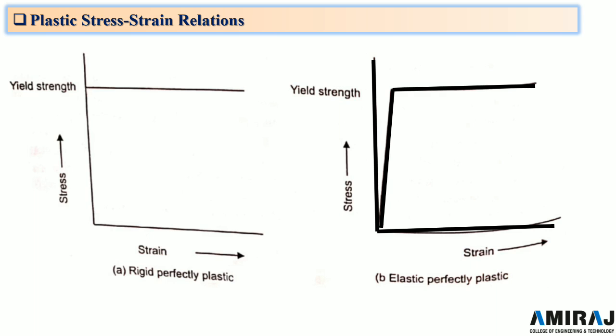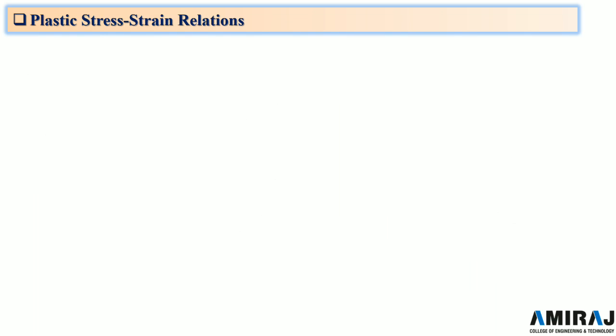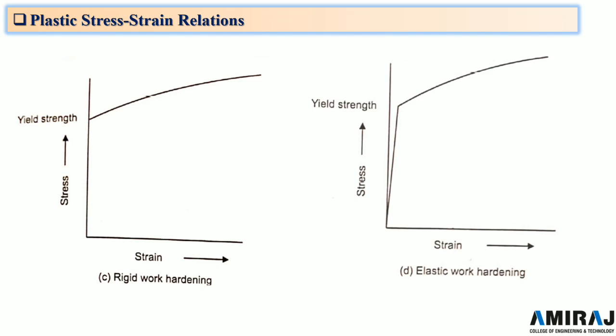Similarly, in rigid work hardening only work hardening is done, so the yield strength increases slightly, but the elastic region is not considered, while in elastic work hardening the elastic region is also considered. So this is about the plastic stress strain relation.